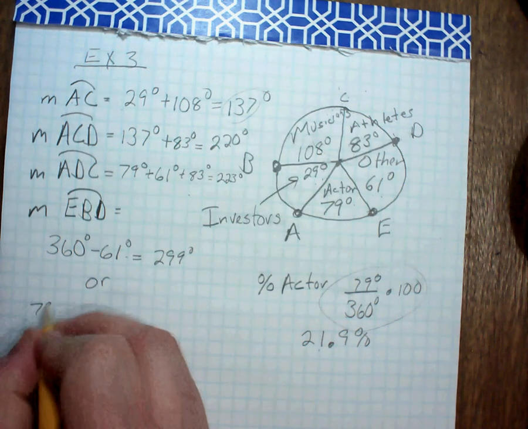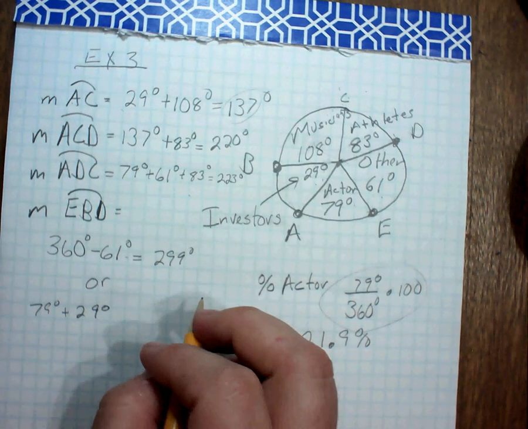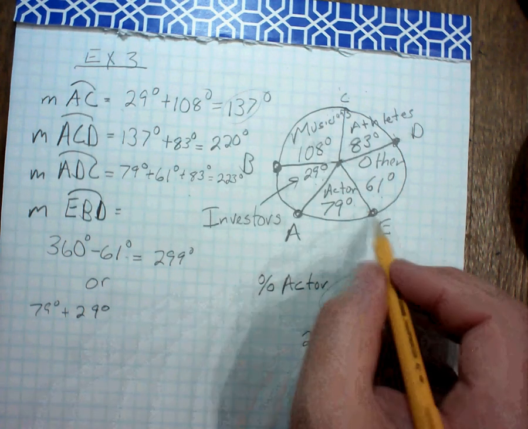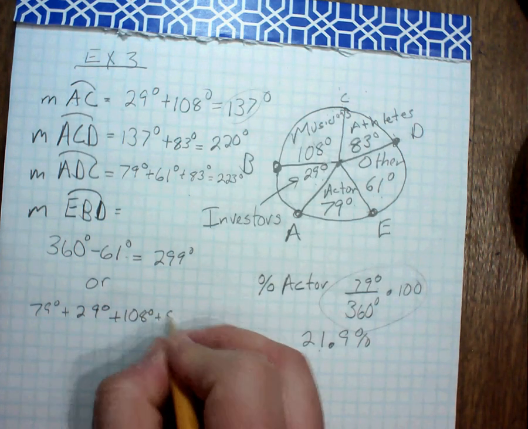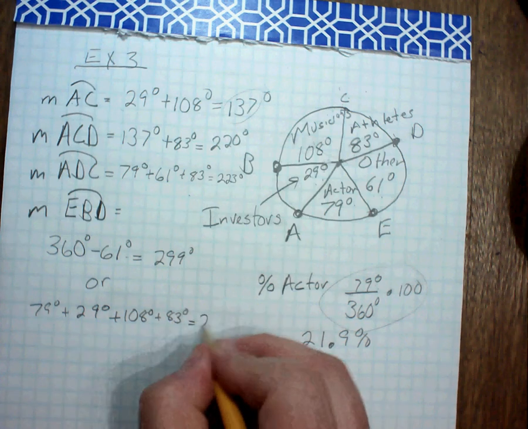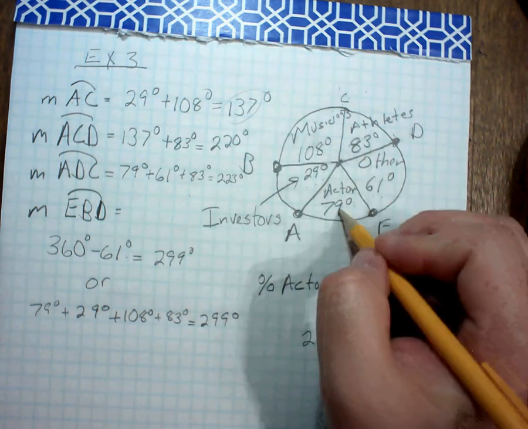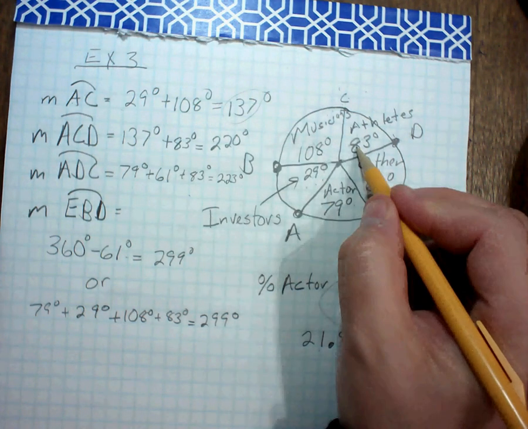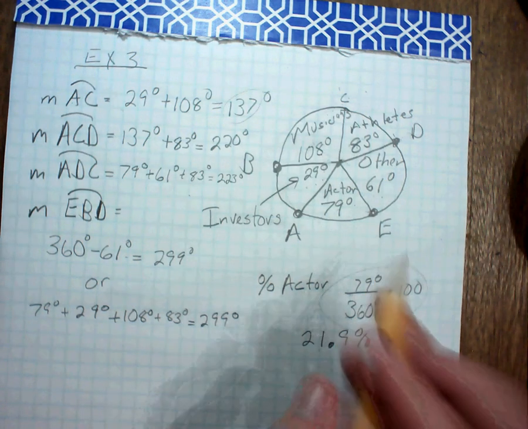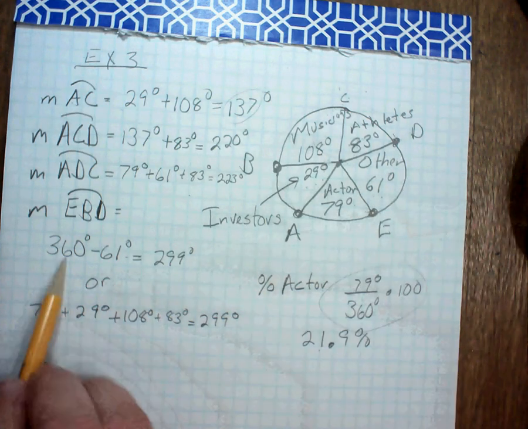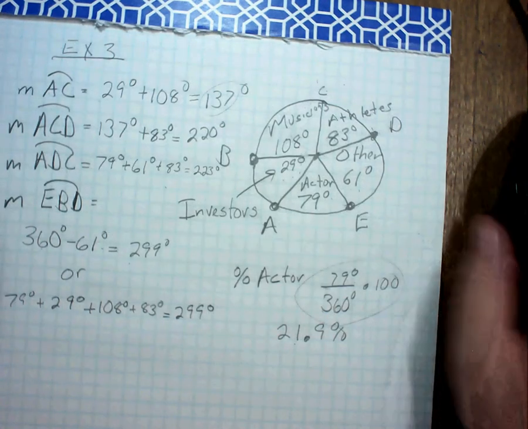I could say 79 plus 29 plus 108 plus 83, right? And if you add that up, that should also equal 299. So I could go this plus this plus this plus this, 79 plus 29 plus 108 plus 83, which is 299 degrees, or I could take the 61 degrees and subtract it from 360. Same thing. One's the major arc, one's the minor arc. And that's example 3.